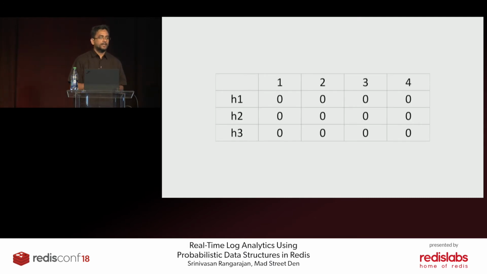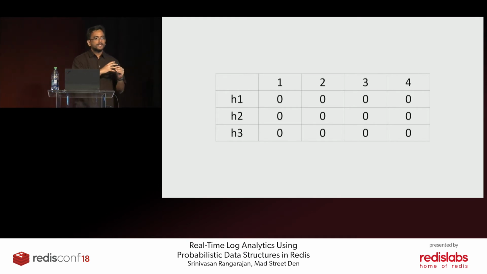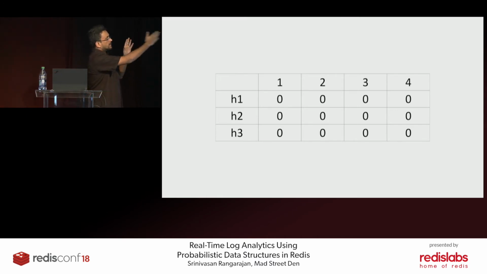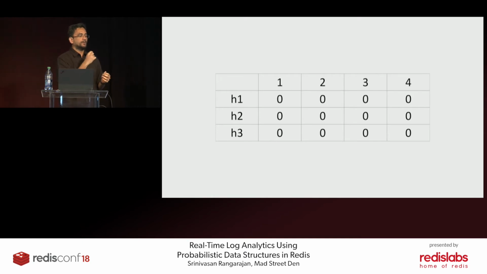So basically what happens is, this is a very simplified explanation. So let's assume that there are 3 hash functions, h1, h2, h3, and there are 4 values. So it's x cross y matrix kind of thing. So with this kind of setup, let's see few examples what happens when we add a particular item, right?